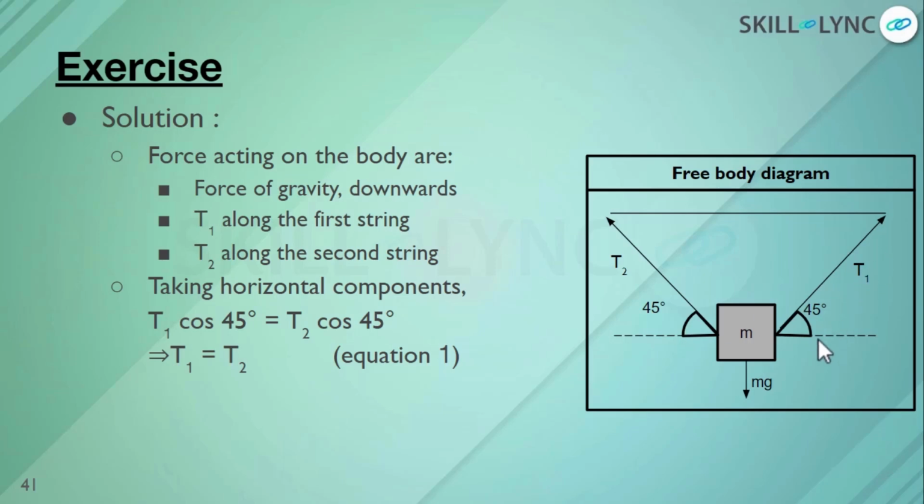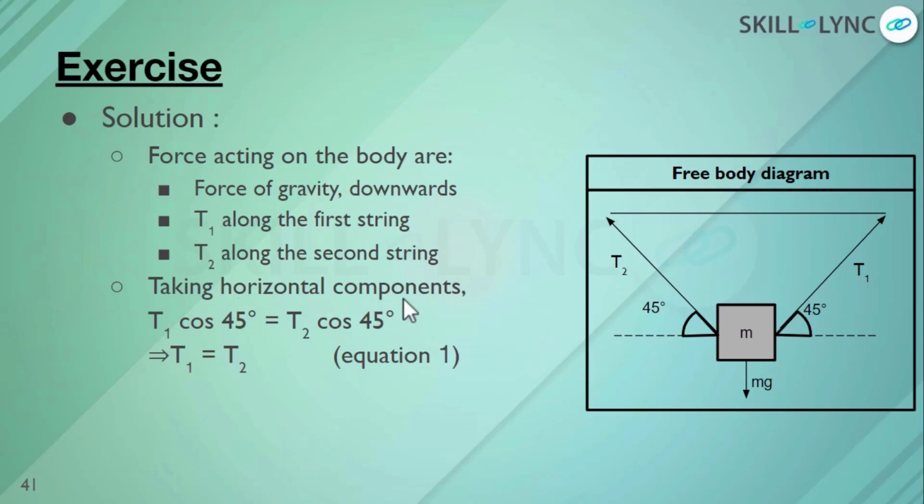In a similar fashion, string 1 makes a 45 degree angle with the horizontal axis. Considering this as a right angle triangle and applying basic trigonometry, the force acting on the horizontal axis is T1 cos 45.